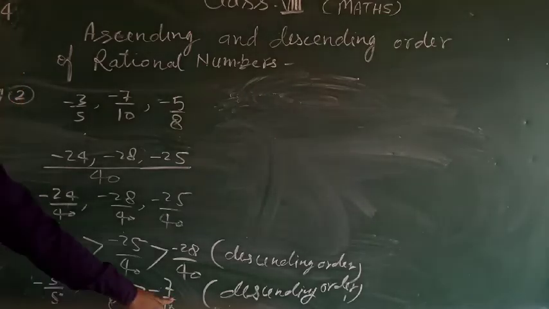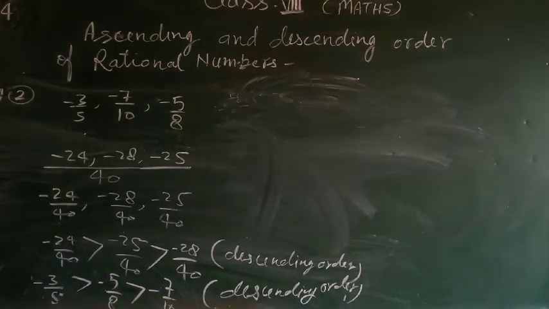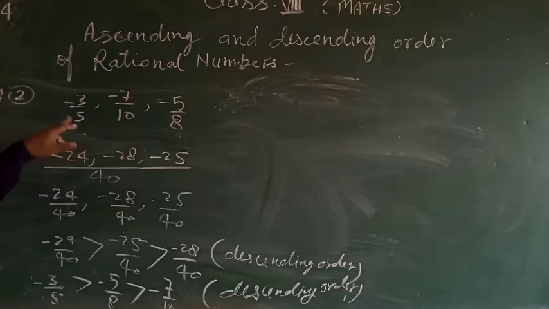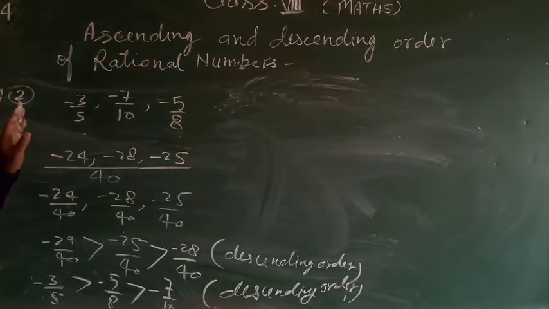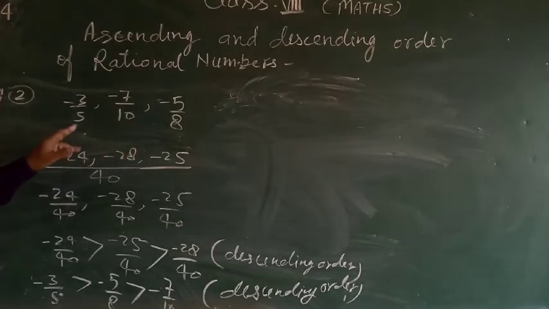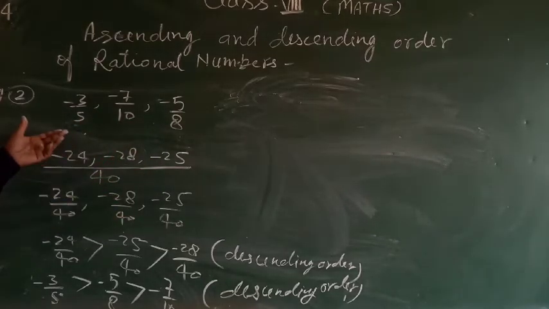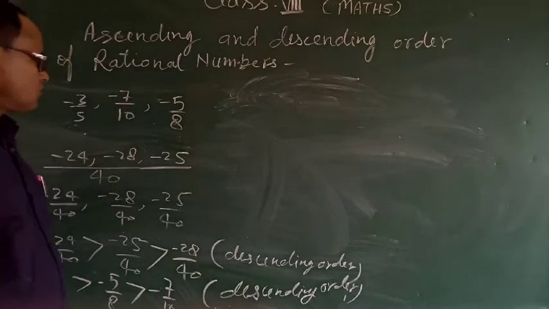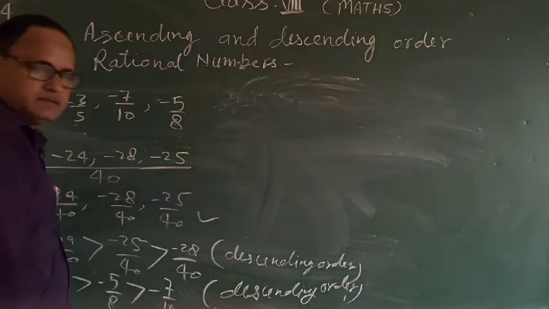Greatest to lowest rational number. These types of questions you can solve on this basis: which number is greater and which number is smaller. If the denominators are the same, there is no need to take the LCM, but if the denominators are different, then we need to take the LCM to get the same denominator.